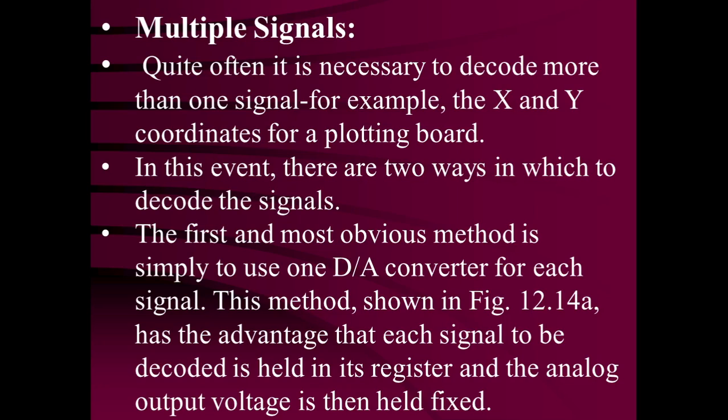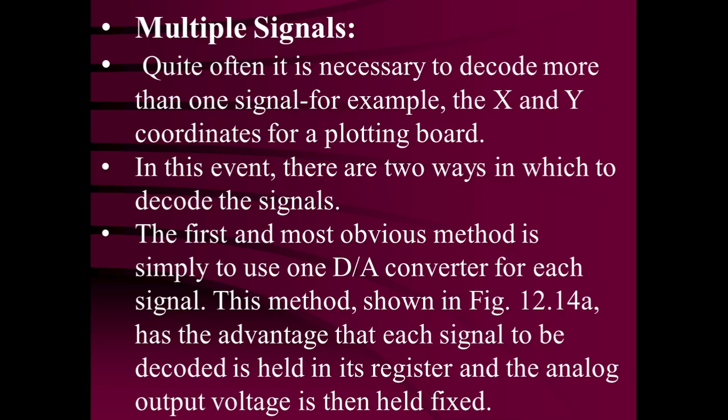Quite often, it is necessary to decode more than one signal, for example, x and y coordinates for a plotting board. So you know that sometimes one channel line is obtained for the X channel and other digital information for the Y channel. To plot a graph, or if there is a three dimension X, Y, Z, three outputs will be there.